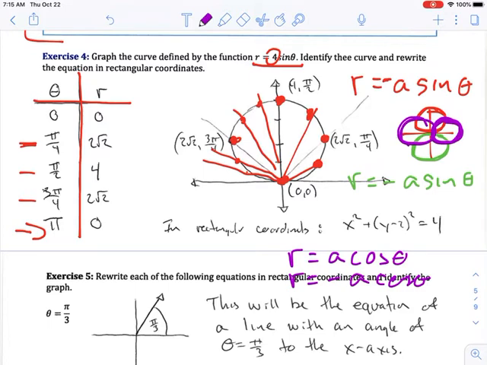So this is one type of polar curve that when you look at it, you should be able to tell pretty quickly what it's going to look like without having to actually plot all the points. And that's always a very helpful thing to be able to do. All right, let's take a look at the next curve.